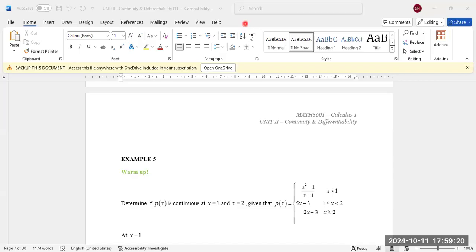So the first x equal to 1 is continuous. That's what I got, yeah. It is continuous. No, that's the wrong box. Sir, can we just get the answer? My anxiety is killing me.